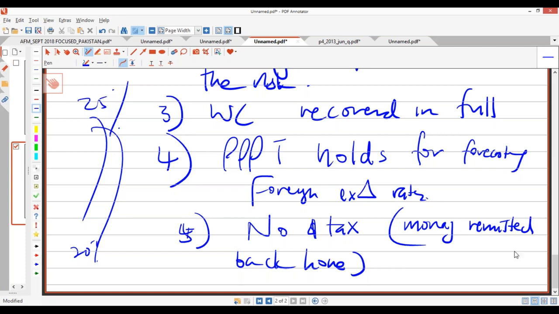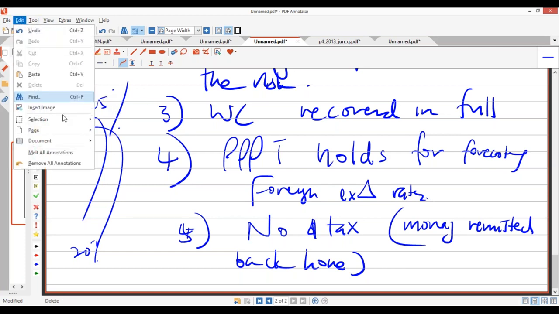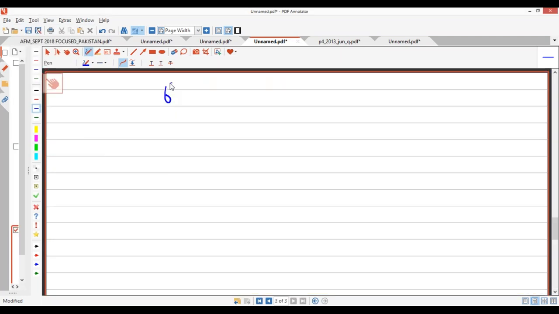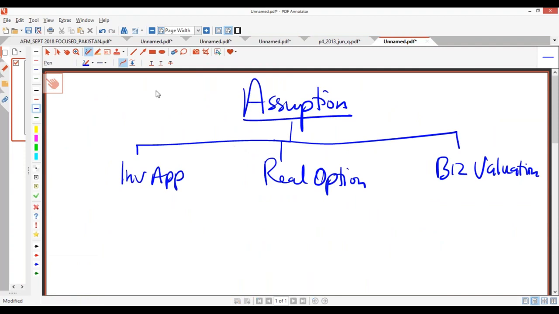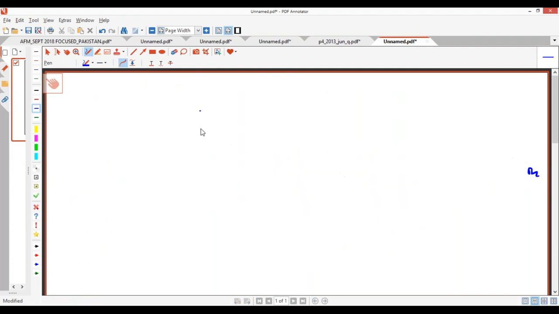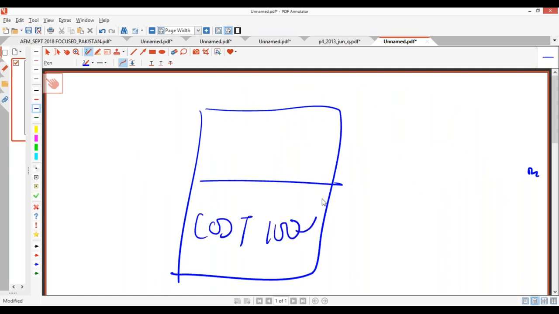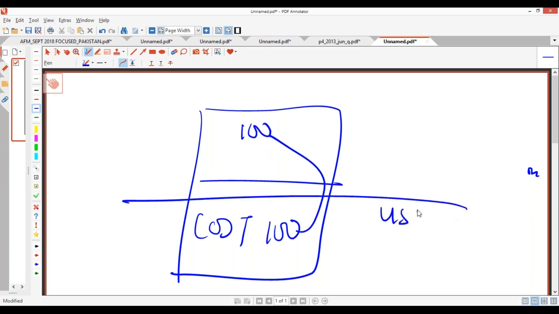What other assumptions are you going to say here? In this particular question, we know the special packaging I bought at a cost of, let's say, 100, and I gave it to you for 100. Now the government of America will be upset with this deal because you are selling something to another country at cost price.